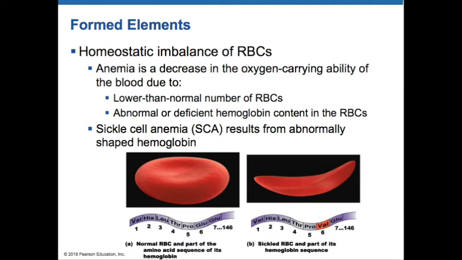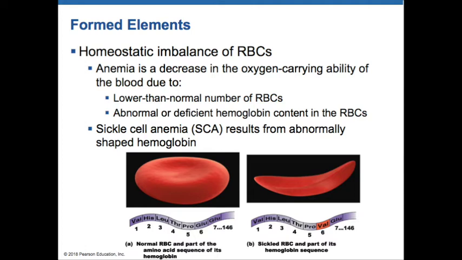Again, remember, what is your percentage of hematocrit? That is going to be 45%. If at any time that percentage of hematocrit decreases dramatically, let's say 30%, 35%, what does that mean? It means that you're not going to have enough red blood cells.